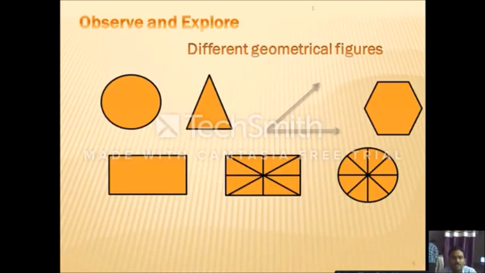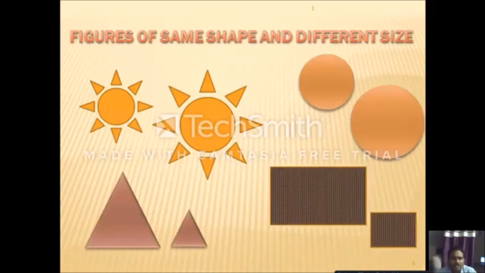By observing, you will see that there is a circle, triangle, angle, hexagon, then rectangle, etc. These are different shapes, different sizes, geometrical figures. Now, observe these figures.